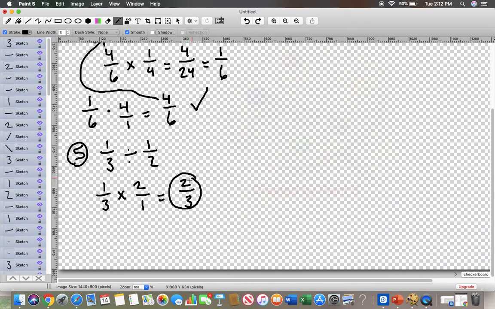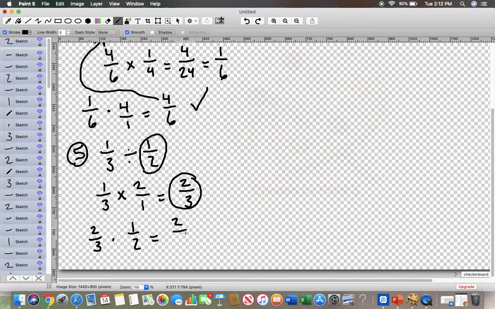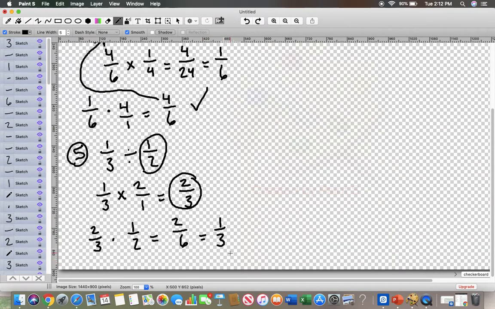My answer is 2/3. Let's check it. 2/3 times my original divisor of 1/2 is equal to 2 over 6. Well, that's not the same as 1/3. Oh, yes it is, because 2/6 can reduce down to 1/3, which then would be my original dividend.